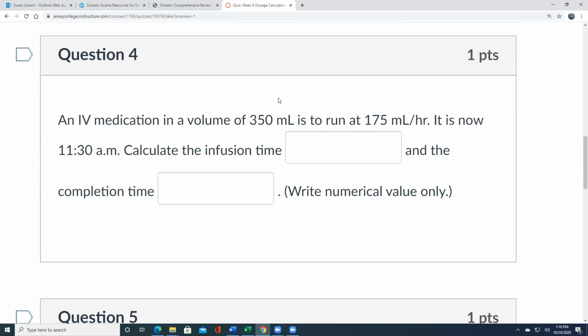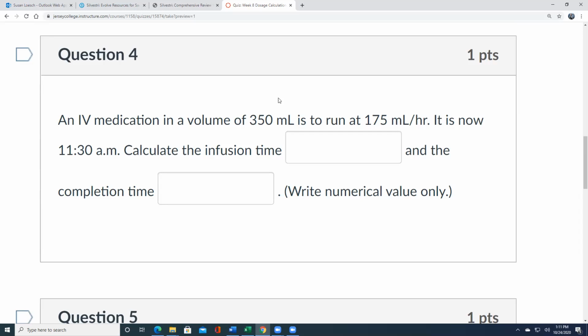Okay. We have a volume of 350. It's supposed to go at 175 mLs an hour. It's now 11:30 a.m. Calculate the infusion time and the completion time. Okay, so since we started with regular time, we're going to stay in regular time.